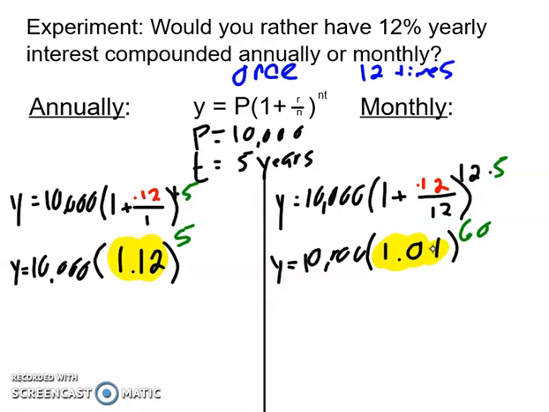So we have a bigger value getting repeatedly multiplied over on the annually side compared to the monthly side. But then within our exponent, the number of times that value is getting repeated on the annually side is 5 times compared to the monthly side is 60 times. So it's 12 times the amount of how many times we're doing it for the annually.